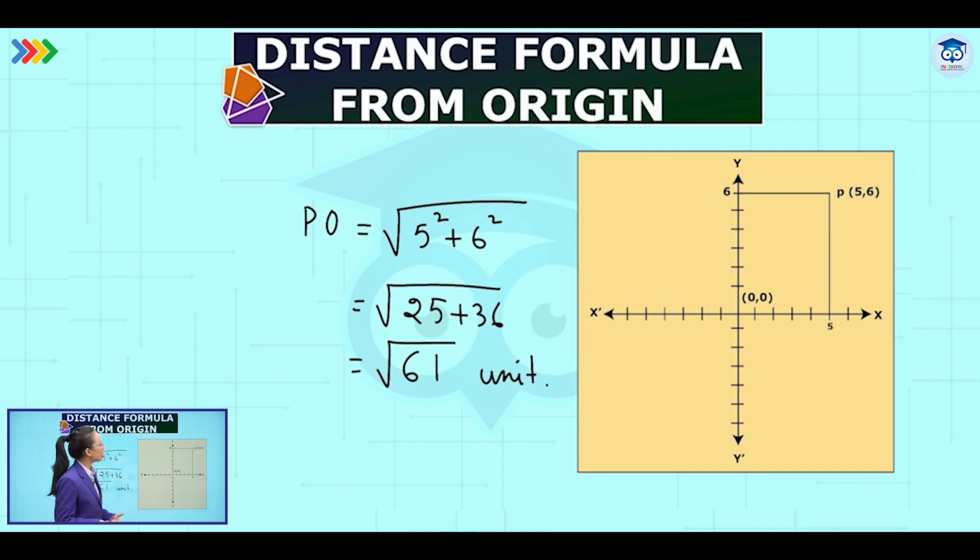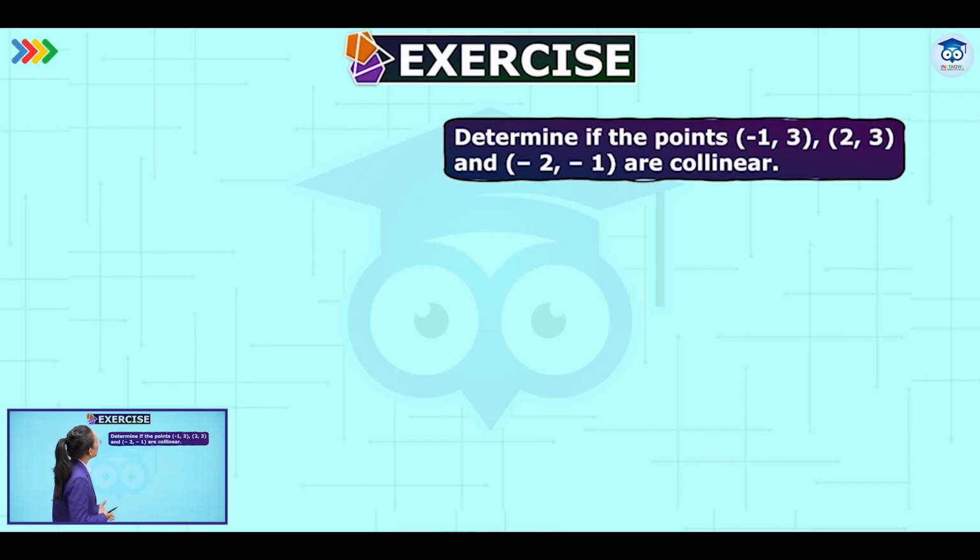Next, we have: determine if the points (-1, 3), (2, 3), (-2, -1) are collinear. What is meant by collinear? We already know that 3 points are said to be collinear if they are on the same line.